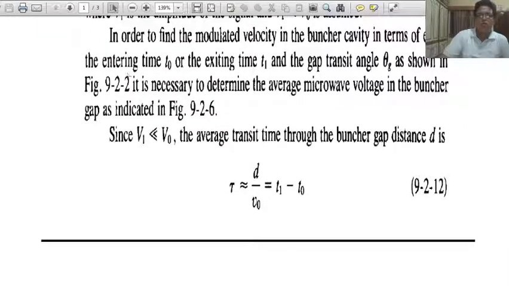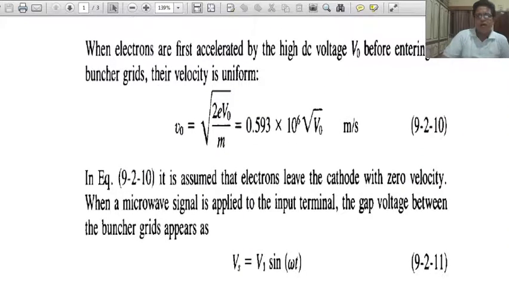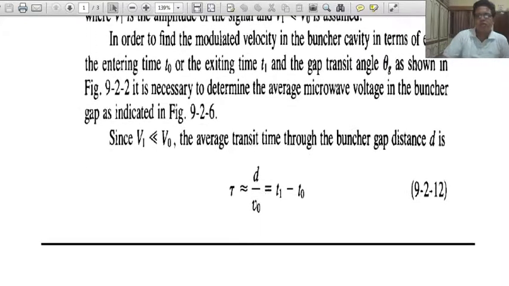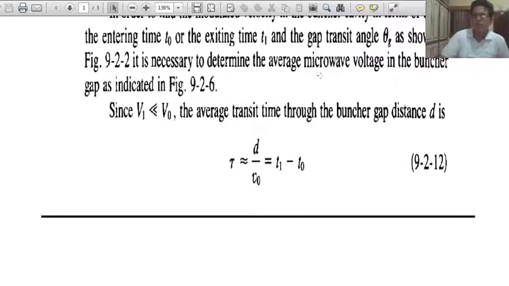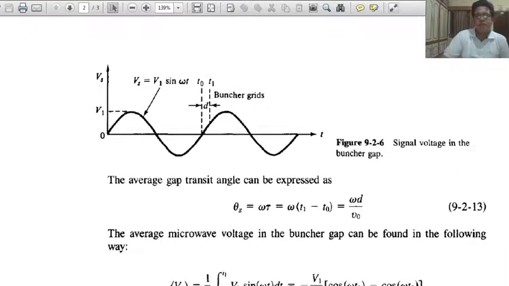Here I am only taking the portion for velocity modulation, so this term is not necessary here; you can avoid it. Here we are using only the transit angle theta z, and it is necessary to determine the average microwave voltage in the Buncher gap as indicated in 9.26.